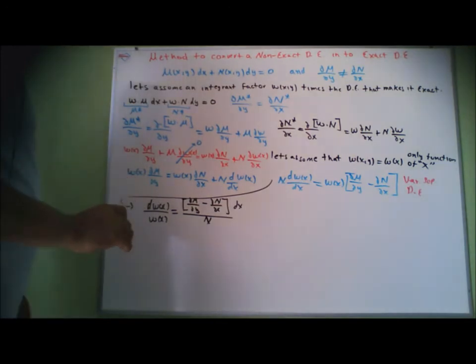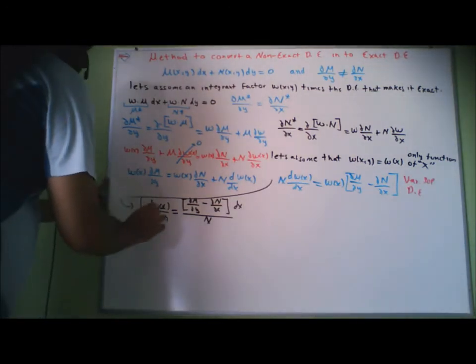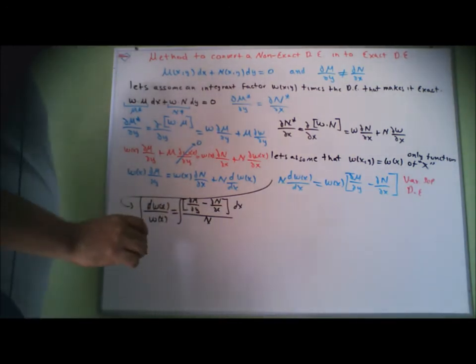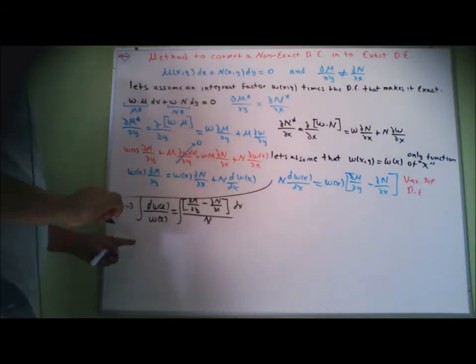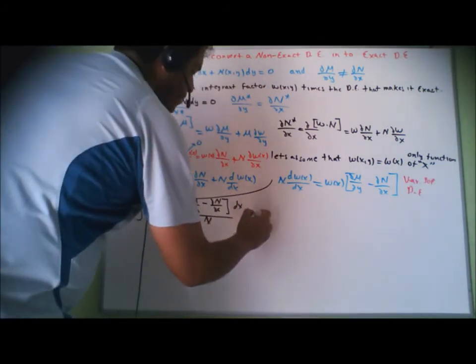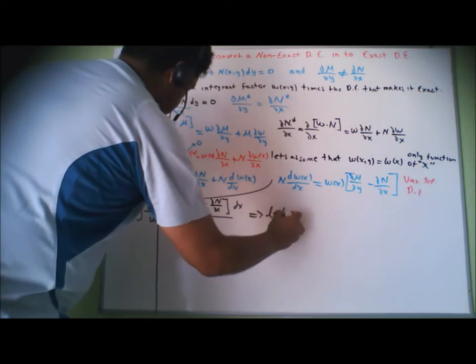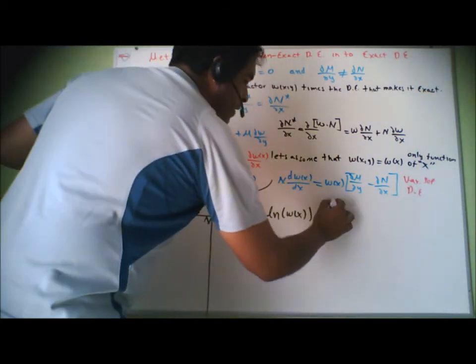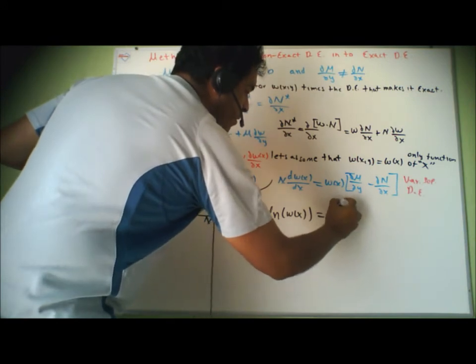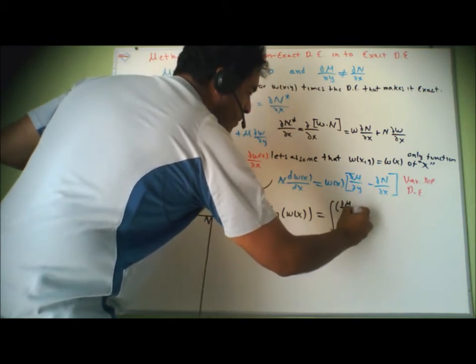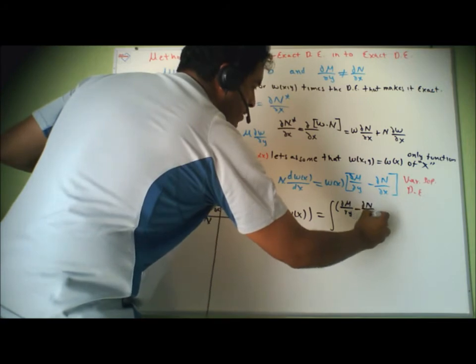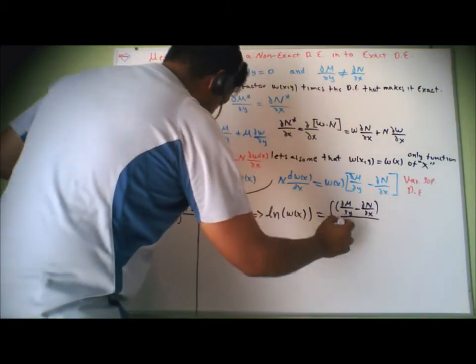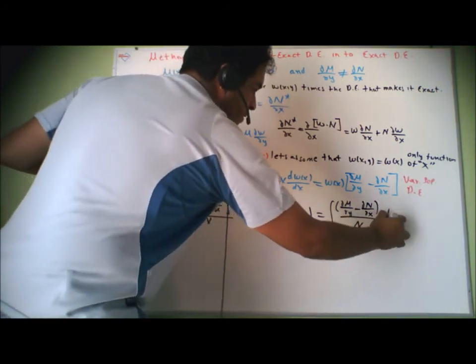Okay, so what is next is to take the integrals on both sides, because it's a variable separable differential equation. So the integral of this is the natural logarithm of w of x, and that is equal to the integral of the partial of m with respect to y minus the partial of m with respect to x over n, differential of x.